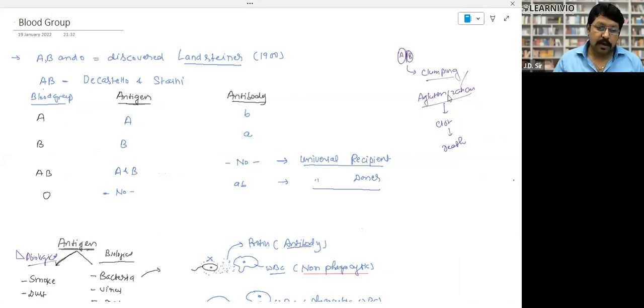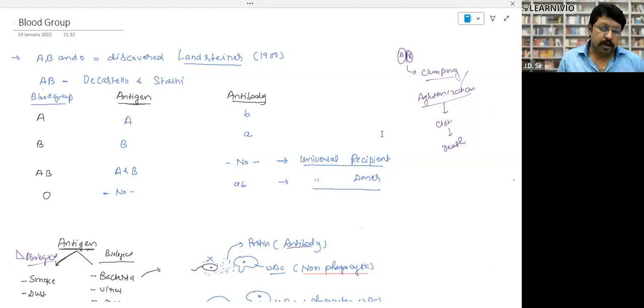A blood group has A antigen, that's why it is called A blood group, but it makes B antibody. B blood group has B antigen, but it makes A antibody. AB blood group has both A and B antigens, but it does not have any antibody. That's why it is called the universal recipient, because it does not have any antibody.